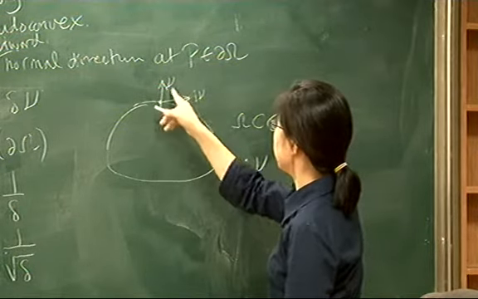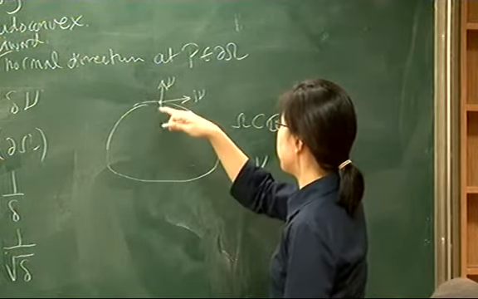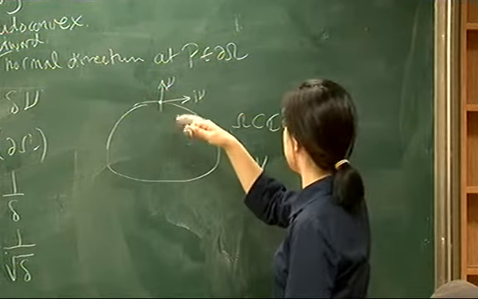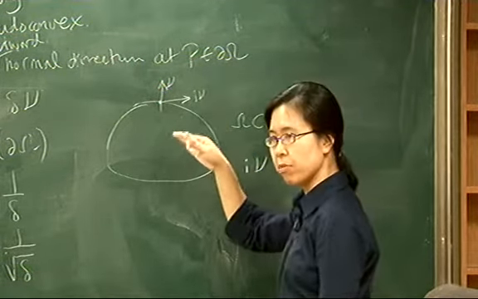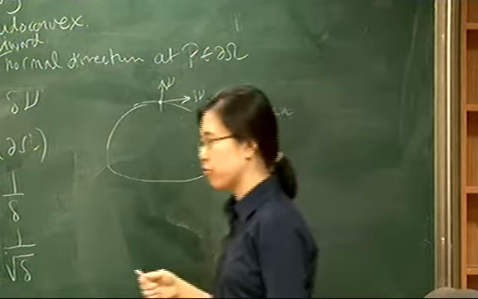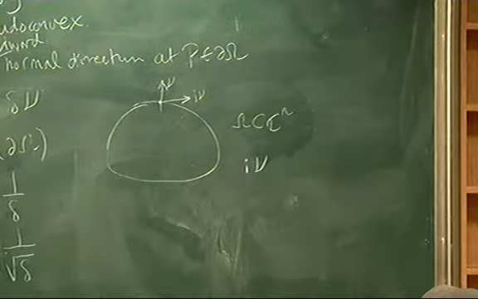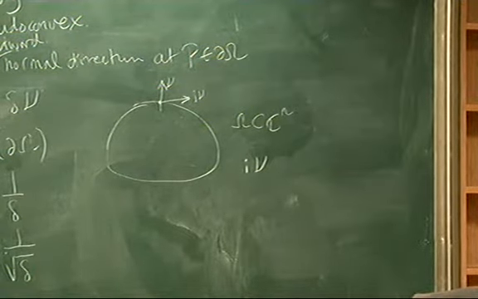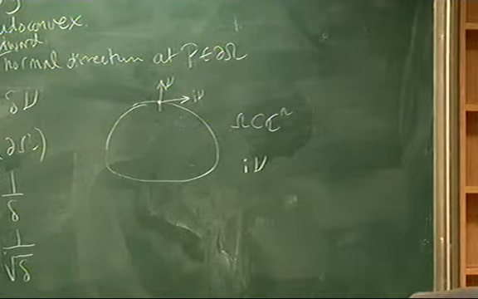We use 2 dimensions for these 2, and then the other 2n minus 2 dimensions, the vectors there, are closed under multiplication by i. So that's the complex tangent space that I'm talking about.